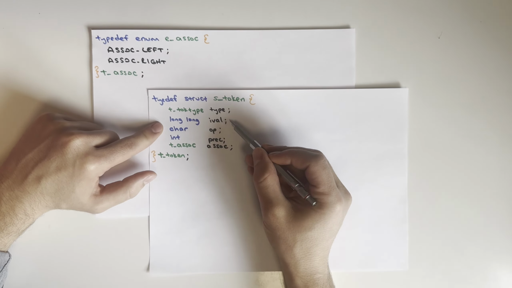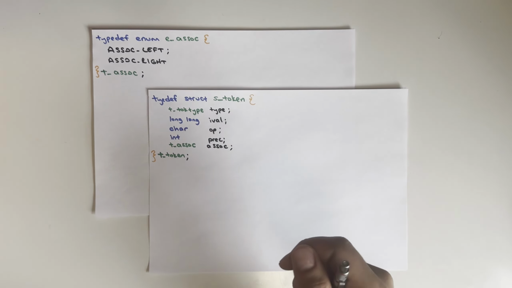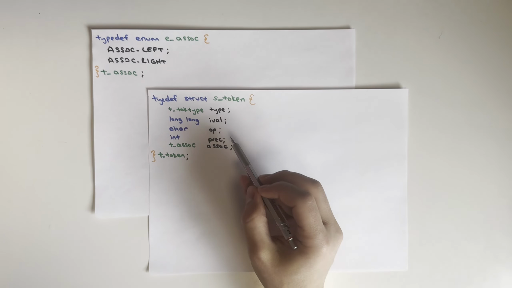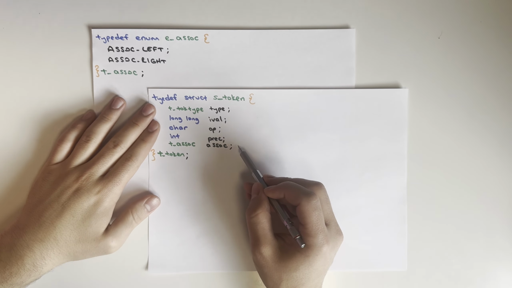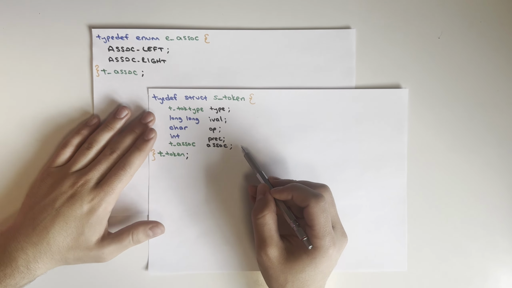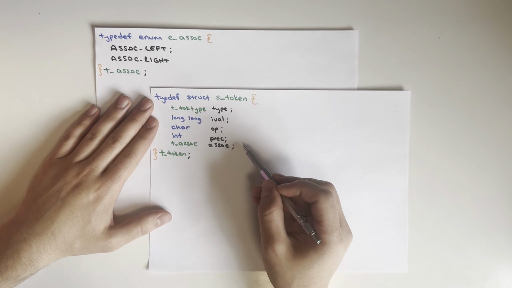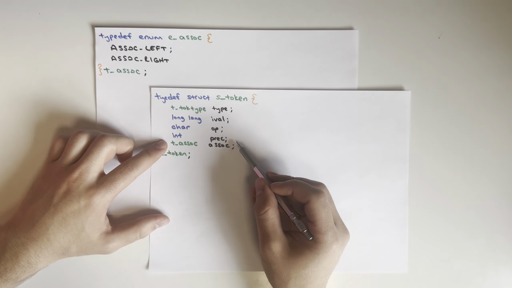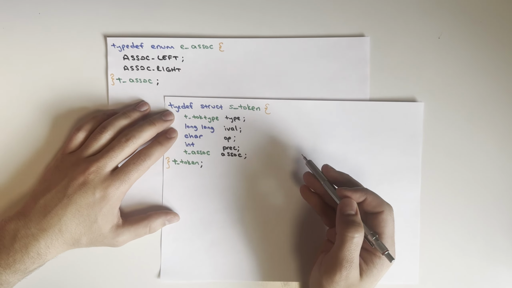This will be for token integer from our other list. The operator will be plus, minus, asterisk, division, modulus, tilde, backquote, and that's all, I guess. We will have precedence, and of course we will have association, but that's okay.